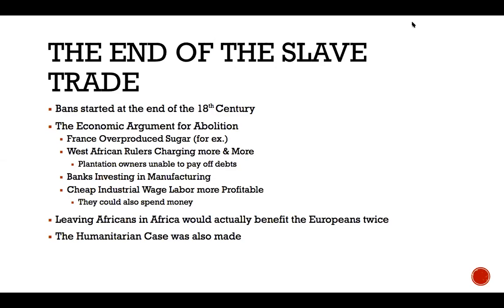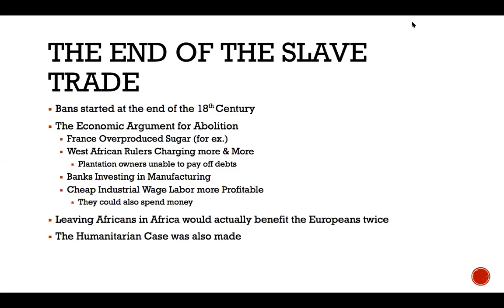But the slave trade, that is to say, picking up, enslaving people from Africa and bringing them to the islands or to the quote unquote New World for the purposes of enslavement. There was a push for that to end, which would necessarily mean the end of slavery itself, as many people were being born into slavery and these things would continue as well.